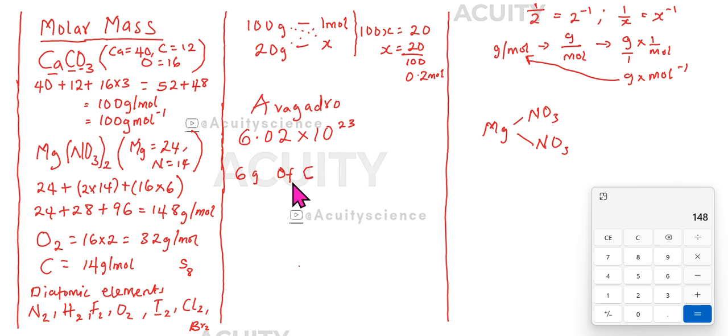So the first thing you would need to do is to convert these grams to moles. Now, sorry, this is supposed to be 12. Most times it's 12. So I will rewrite that as 12 grams per mole. All right. So if 12 grams is the mass of 1 mole, you know that 6 grams will be half a mole.